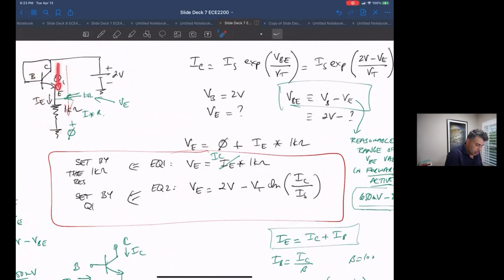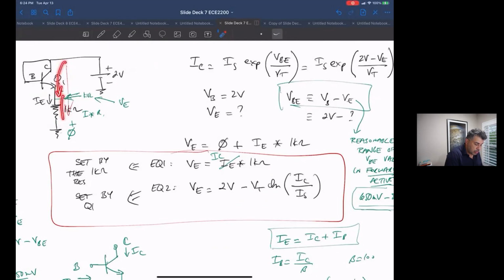There's a current through the transistor and a current through the resistor. They have to be the same by Kirchhoff's current law. This one pumps current in here, this one pulls current out of there, so they have to be the same.